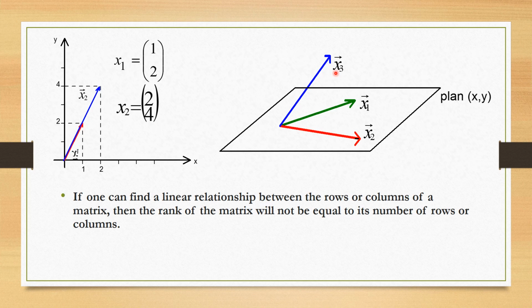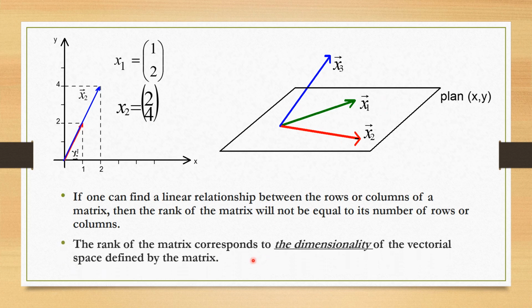In order to get the rank of the matrix, if x1, x2 are independent vectors lying on the xy plane, then the rank will be 3, because x3's z component is not 0 as it is not lying on the xy plane, while x1, x2 z components are 0 because they are lying on the xy plane. If x1 and x2 lying on the xy plane are dependent on each other, then the rank will be 2.